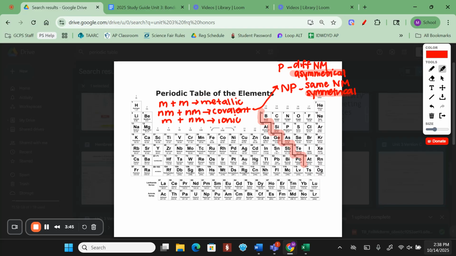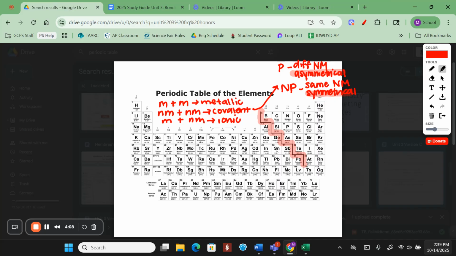So remember, covalent is when nonmetals are joined together. But we now know that nonmetals join together differently. They can join together with different nonmetals, forming asymmetrical, uneven, unequal bonds. And then we can also have nonpolar, which would be the example of our same nonmetals, symmetrical, same element bonds.